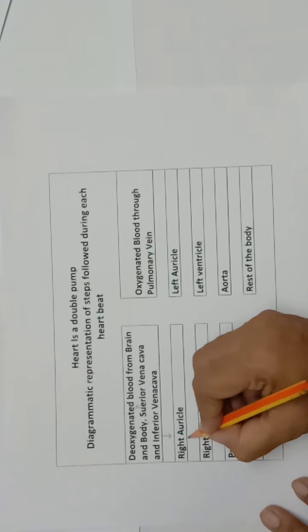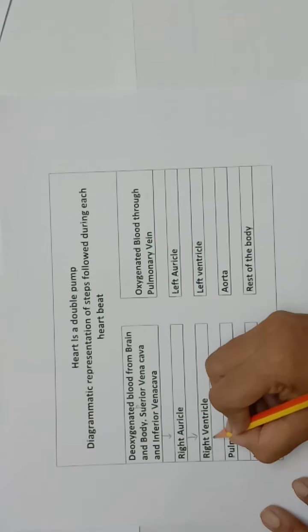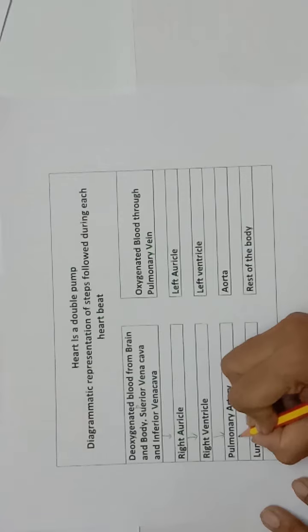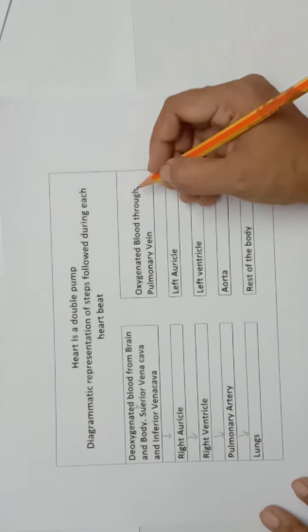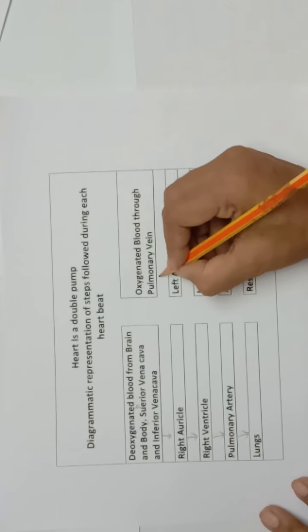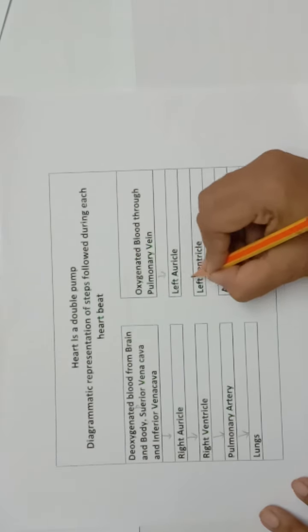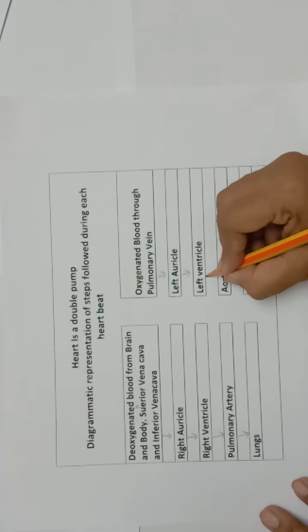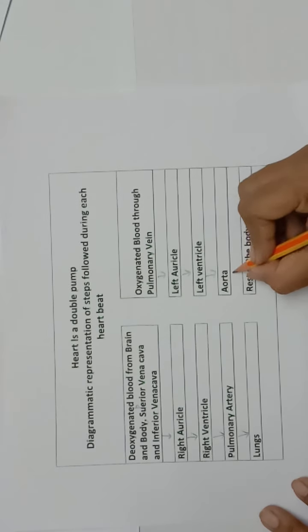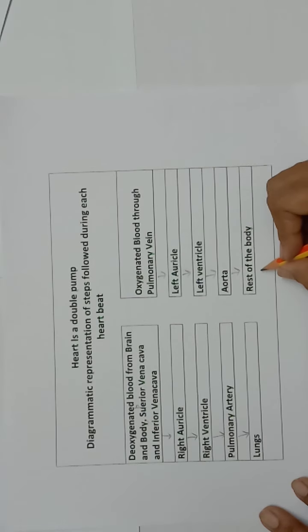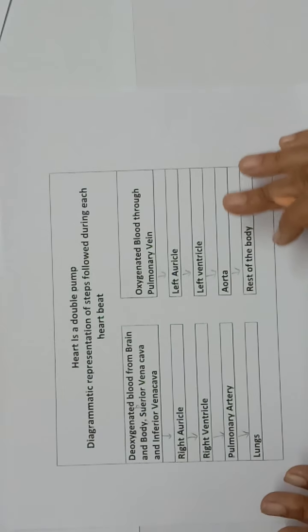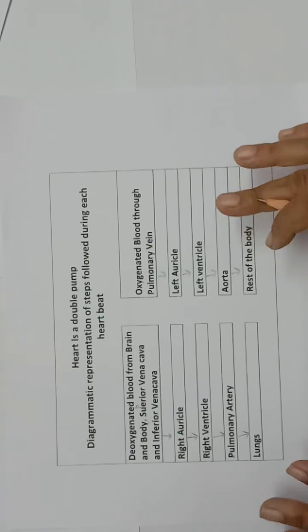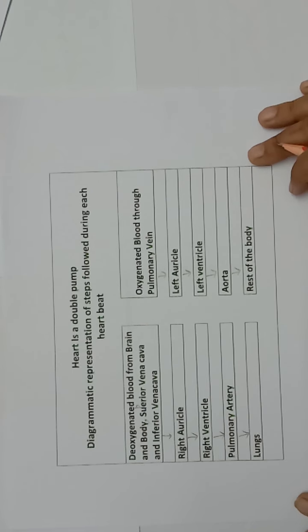Then it goes to the right ventricle, then to the pulmonary artery, and then to the lungs. At the same time, oxygenated blood through the pulmonary vein enters the left auricle. From the left auricle it goes to the left ventricle, then to the aorta, and then it is distributed throughout the body by the aorta only. So these two phases are followed during each heartbeat. So the heart acts like a double pump.